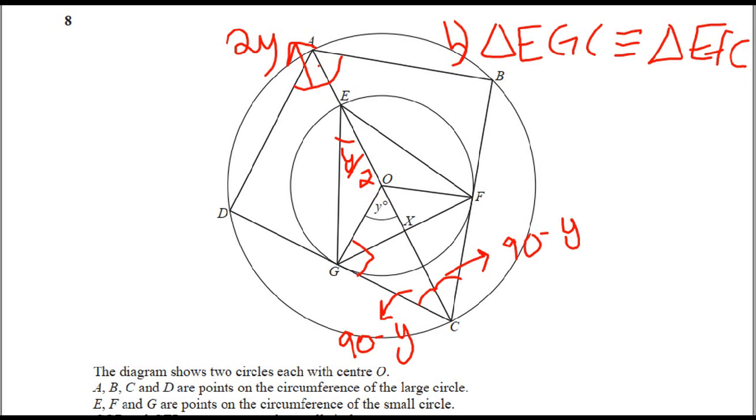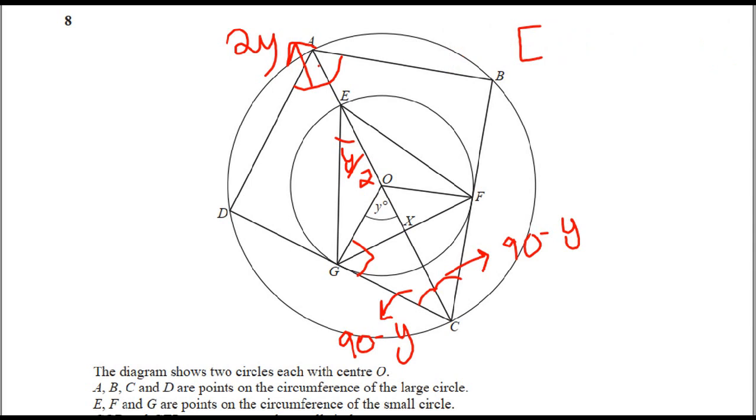Part C, prove that triangle ADC, where is triangle ADC? This whole triangle, and triangle OGC, they are similar. Prove that triangle ADC is similar to triangle OGC. For that you need to show that all angles are equal.